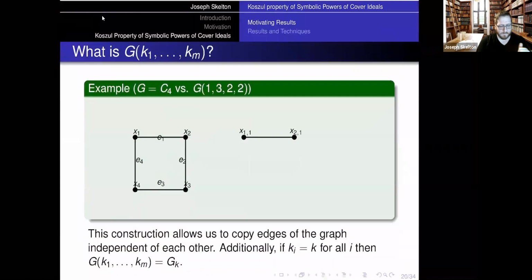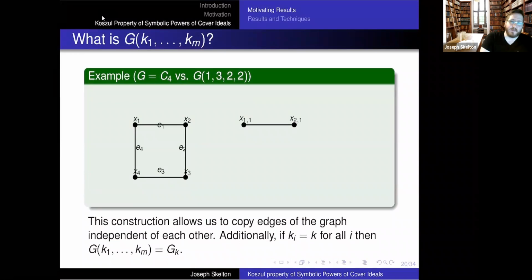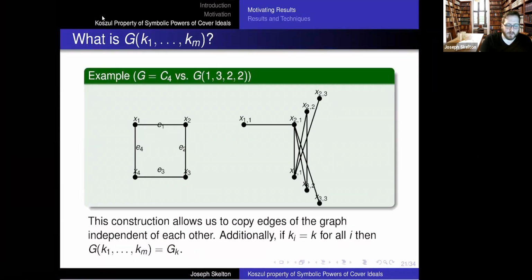So what does that look like? Same idea. I'm going to take C4 and label each edge E1, E2, E3, E4. If I want to find G of (1, 3, 2, 2), then I copy the vertices of edge 1 once and connect them so that the second indices add up to at most 2. That's done. For edge 2, I introduce the vertices of that edge and connect them the exact same way we did in Selvaraj's example.